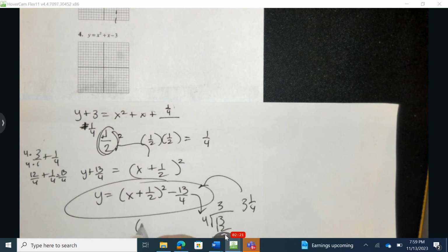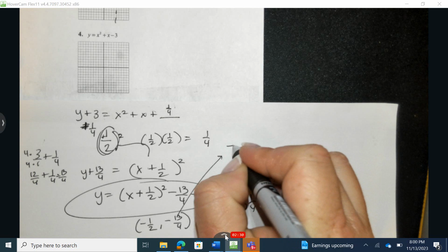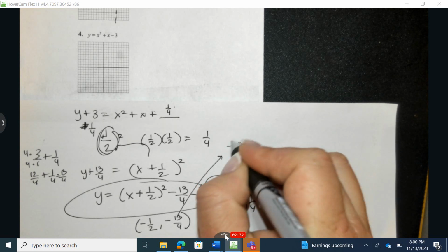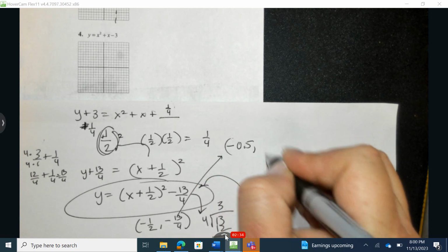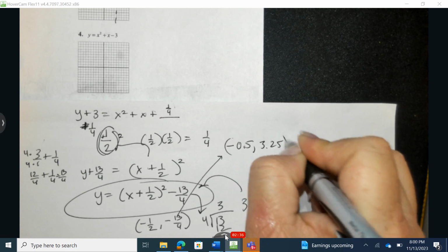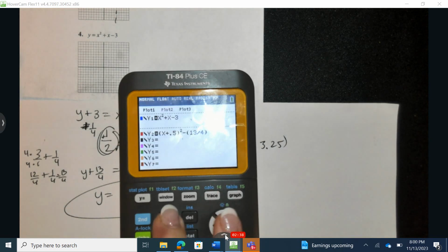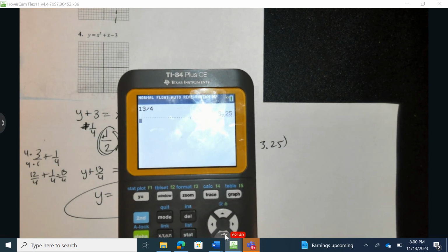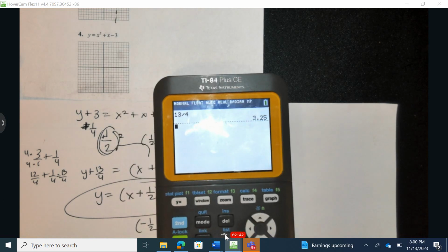What is the vertex? The vertex is negative 1/2 and negative 13 over 4. I'm thinking this in my head as negative 0.5, if that helps us. And 13 over 4 would be 3.25. If you weren't sure about that, you could come over here and go 13 divided by 4. Okay, 3.25.